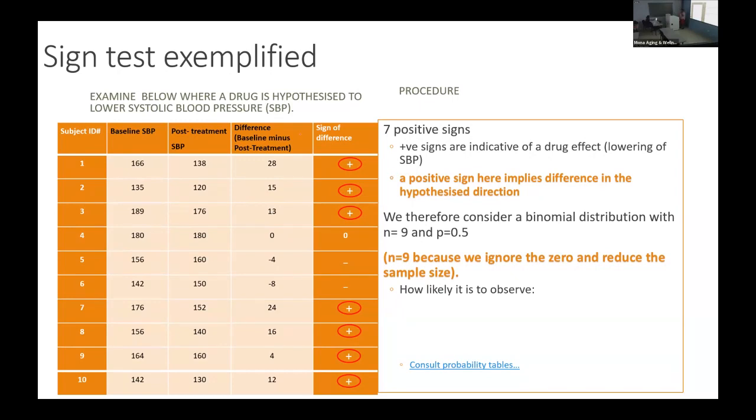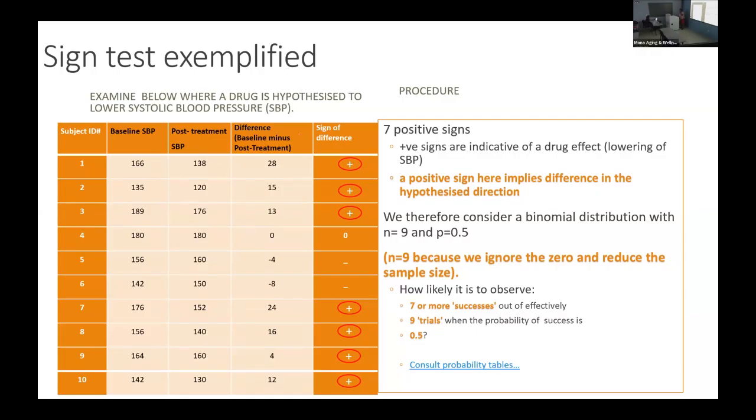So this is our question. How likely is it to observe 7 or more successes out of effectively 9 trials when the probability of success is 0.5? So that's kind of what we're asking ourselves.